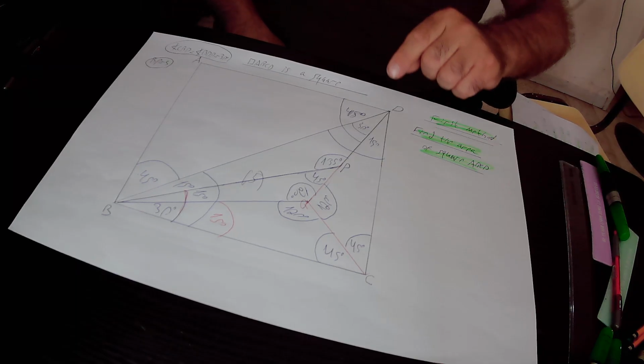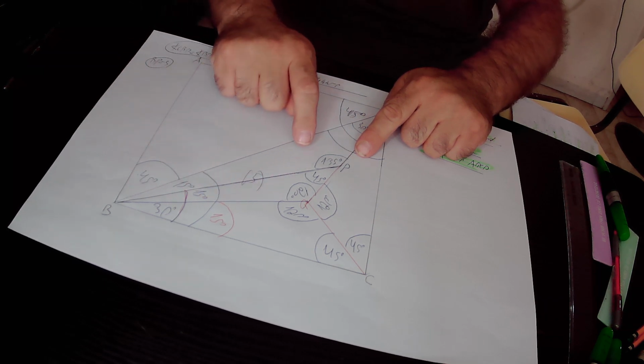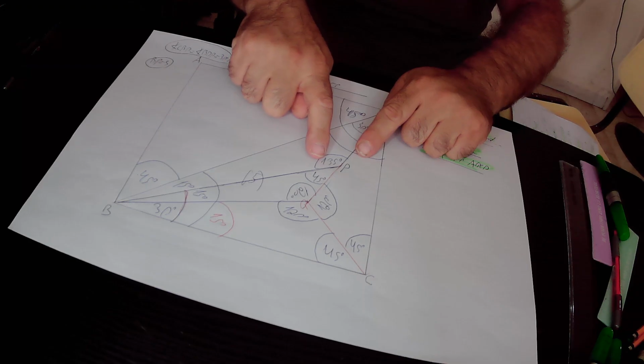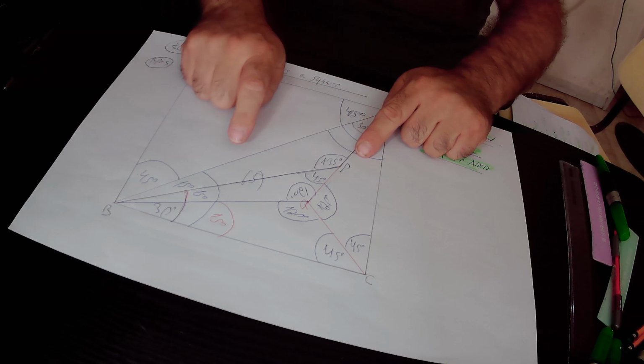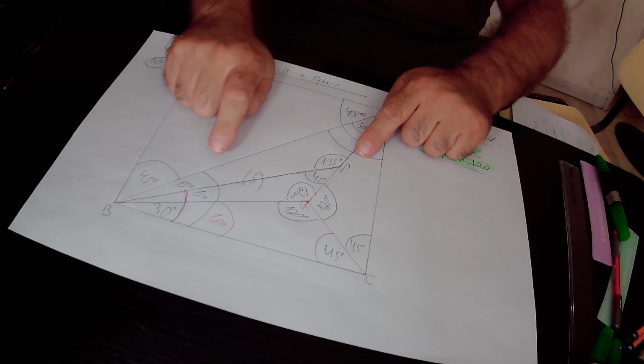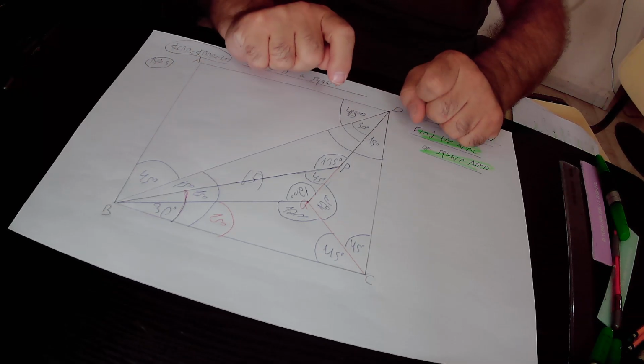So, in triangle PBQ, this angle equals 45 degrees. We know that this angle equals 15 degrees.